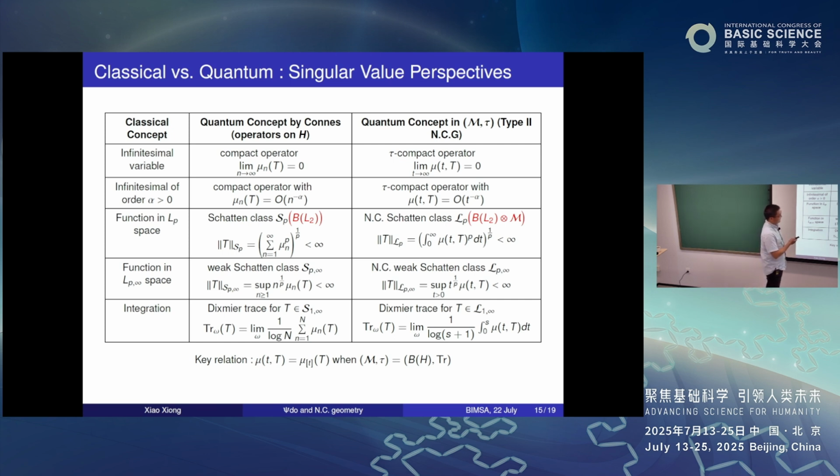And then we take this. This is what I haven't put on the slide. It is called Schatten class or weak Schatten class. They are the quantities to measure the size of a compact operator. So in that case, as we have explained, it is defined by the asymptotic limit of an operator.